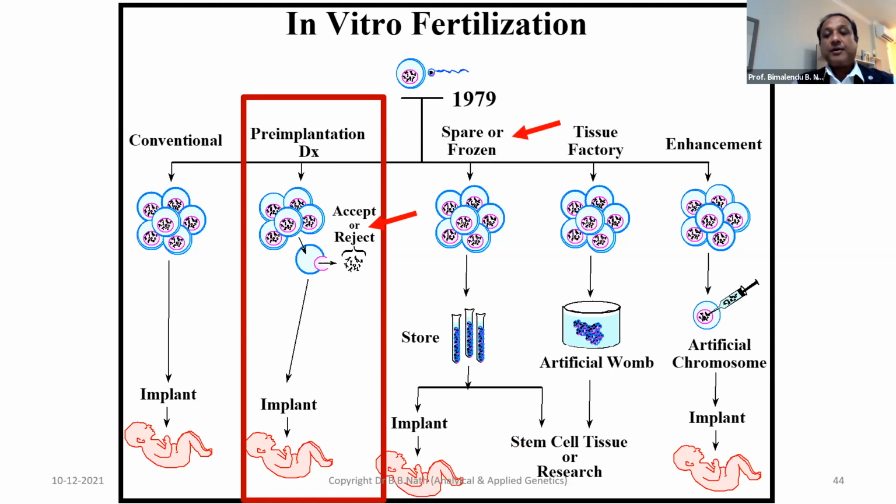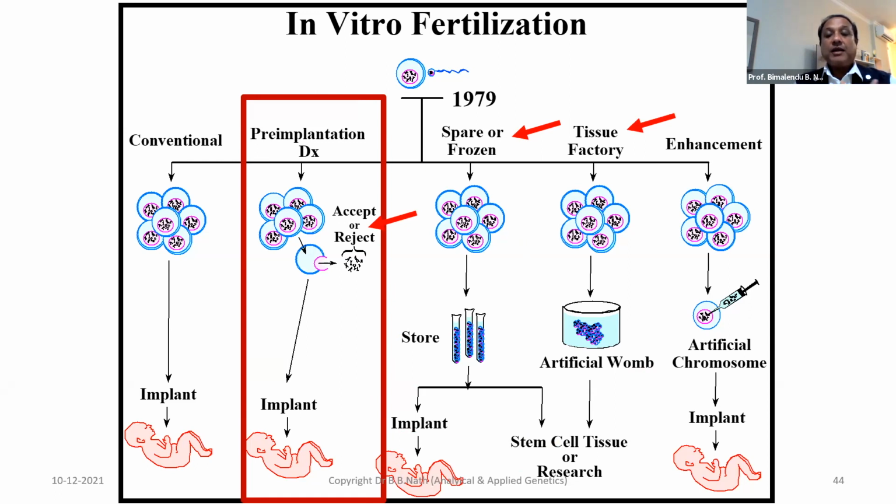There are other advantages too, where you can keep the embryos frozen, and they can be used later for a future pregnancy. One can make a tissue factory: if the individual, after he or she is born, has some kind of injury, those tissues can be used for the treatment.